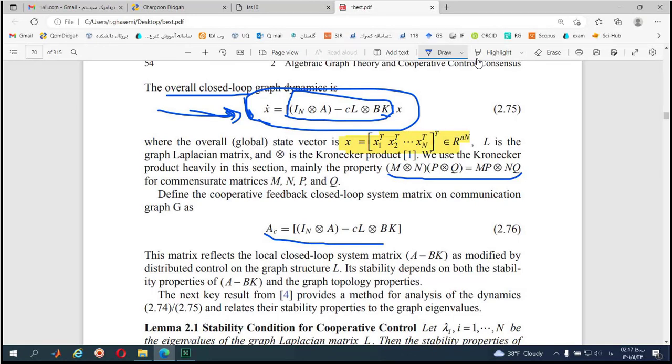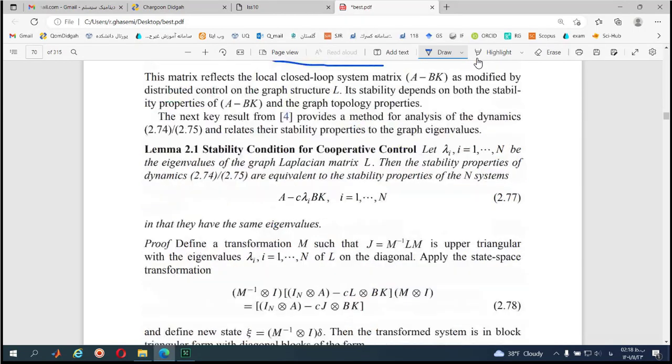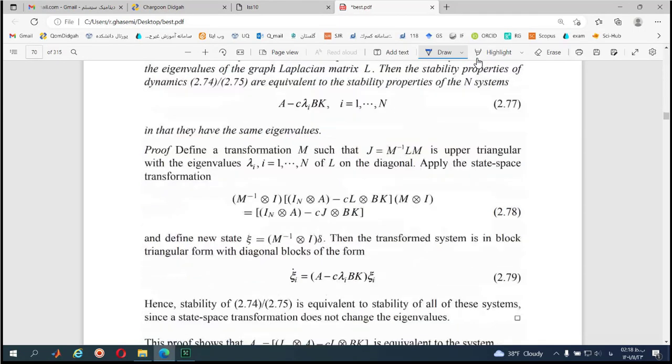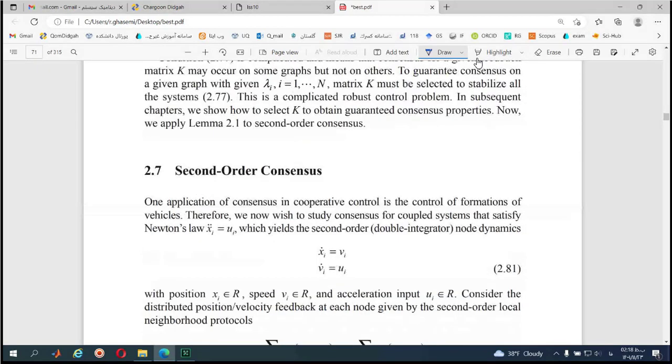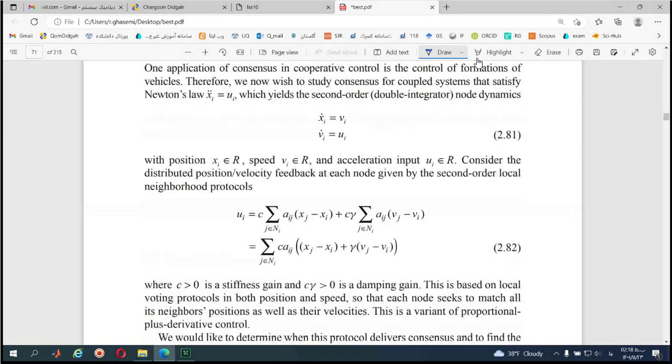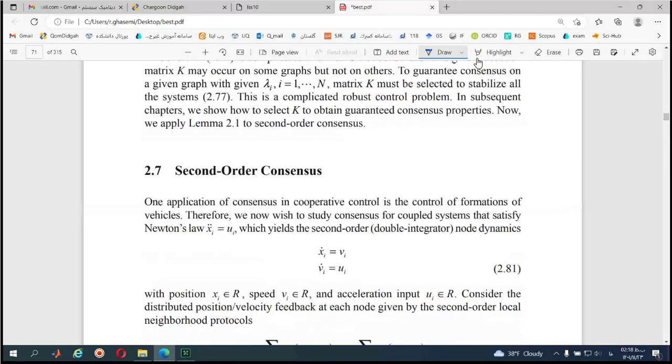The real part of the eigenvalues of this matrix should be placed in the left-hand side of the imaginary plane. And based on this equation, you can solve the stability of the closed loop system.